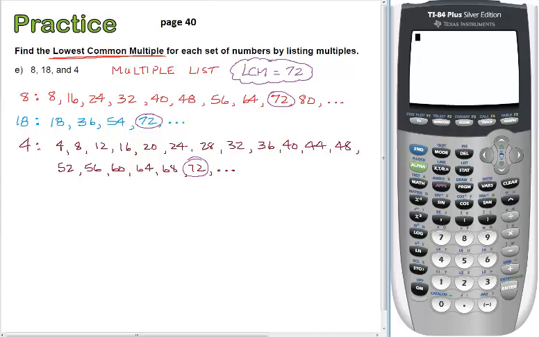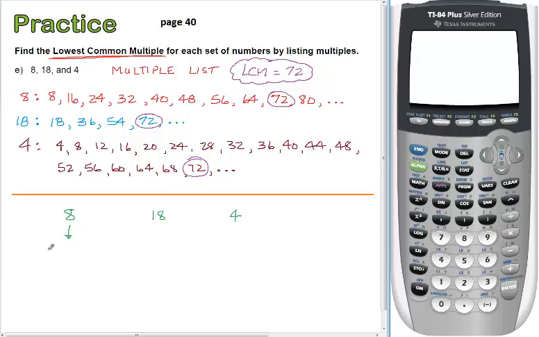Now there are other ways to tackle this, and one of the ways you can do it is by looking at the factors. So let's look at a slightly different approach. What if we took each number, 8, 18, and 4, and looked at the factors?